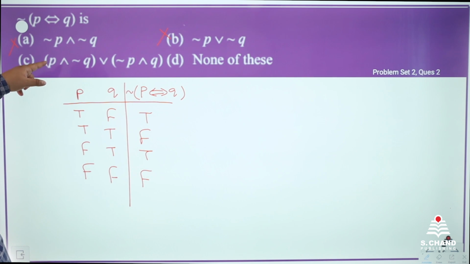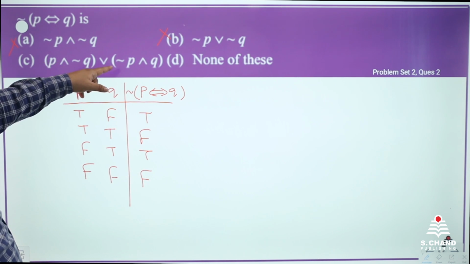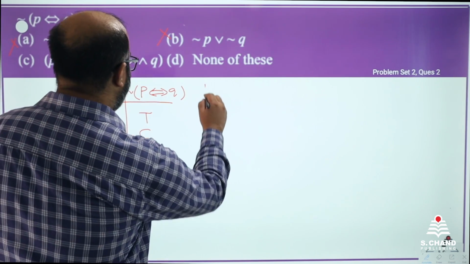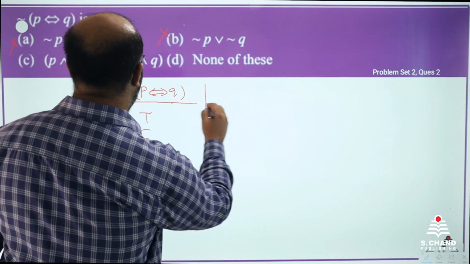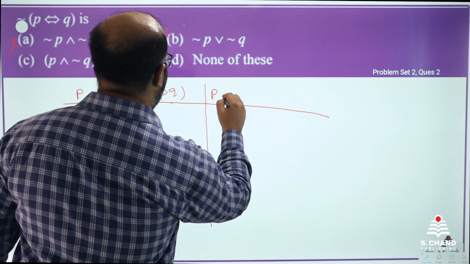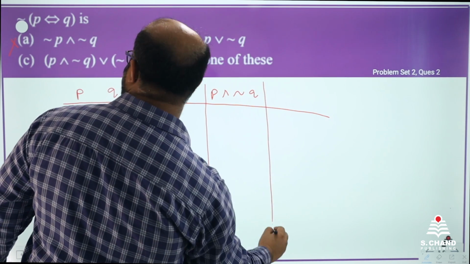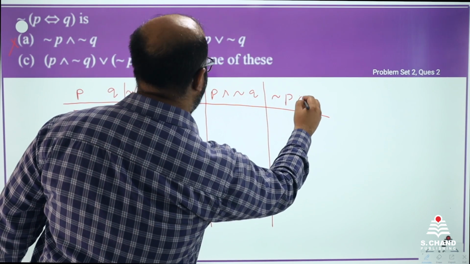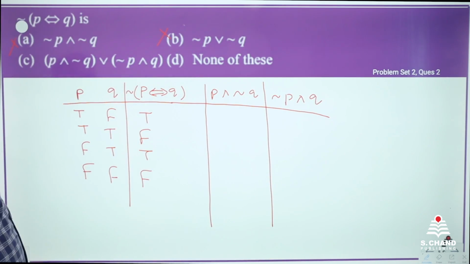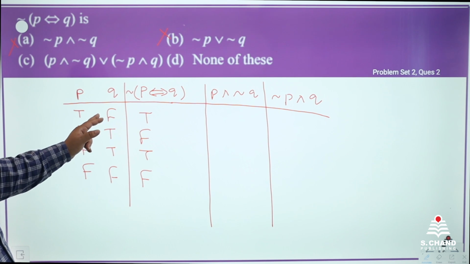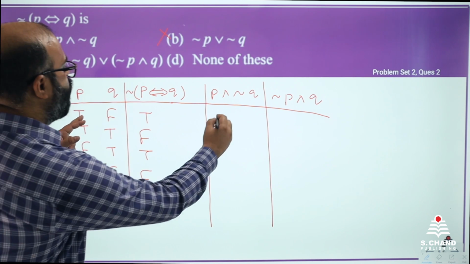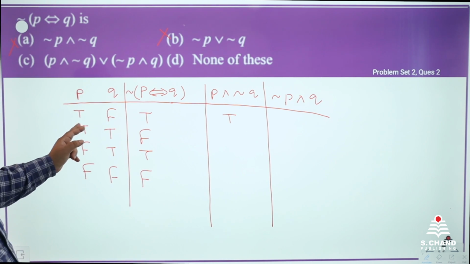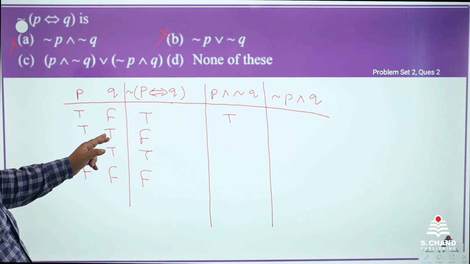Now we talk about P and not Q, or not P and Q. So let us do this truth table here. P and not Q, and not P and Q. If you take this one, so P and not Q, so true and true will be true, and true and false, not Q will be false here.